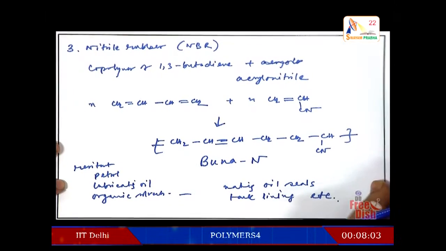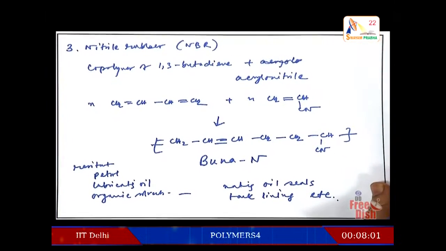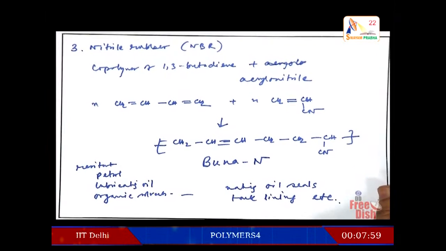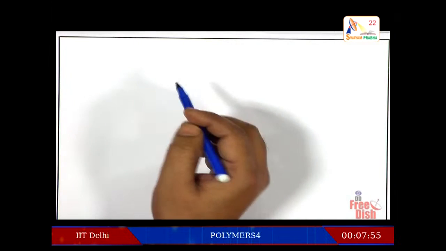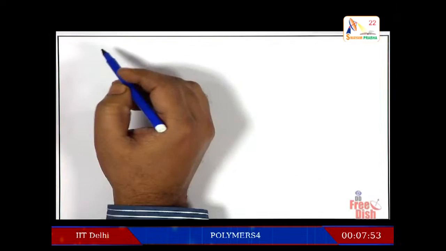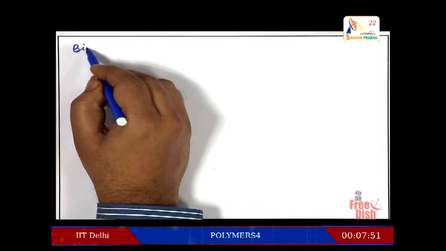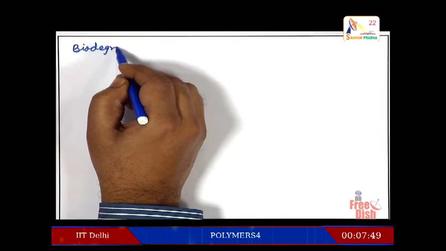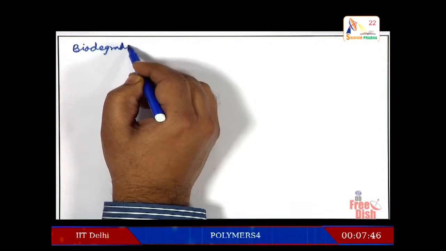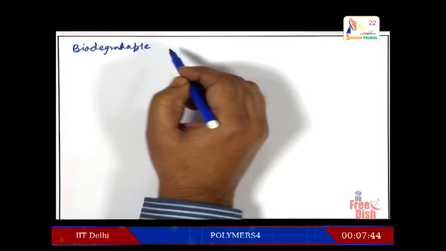So, we talked about natural rubbers and synthetic rubbers, and the last topic I will quickly go through in the next 5 minutes is an important one called biodegradable polymers.